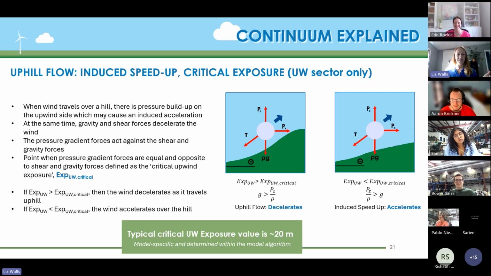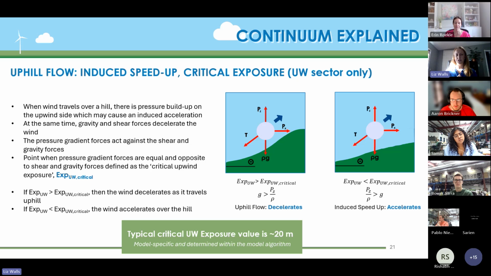When we have wind traveling uphill and the upwind exposure is larger than the critical upwind exposure, then that means the force of gravity wins. The force of gravity is larger than that vertical pressure gradient force, and the wind slows down because gravity is pulling it back. But if the upwind exposure is less than that critical upwind exposure, then that means the vertical pressure gradient force is larger than gravity. It's overcoming the force of gravity, and that's when you see the speed up.